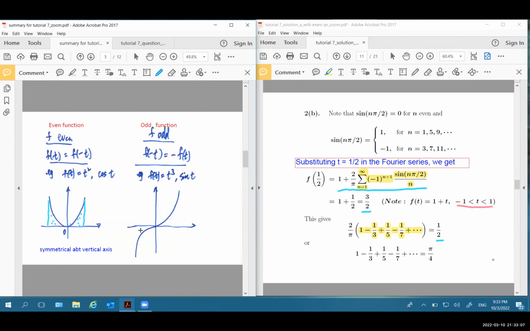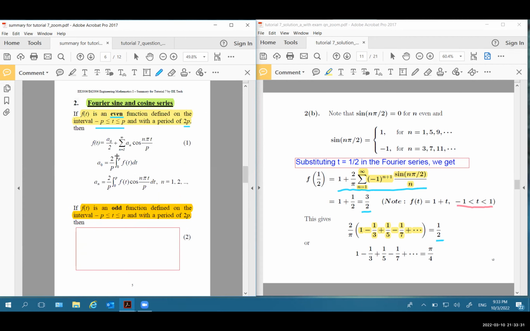From minus p to p, you find a negative area and a positive area, and they are equal to each other, so they cancel off and become 0. Therefore, bn is 0.